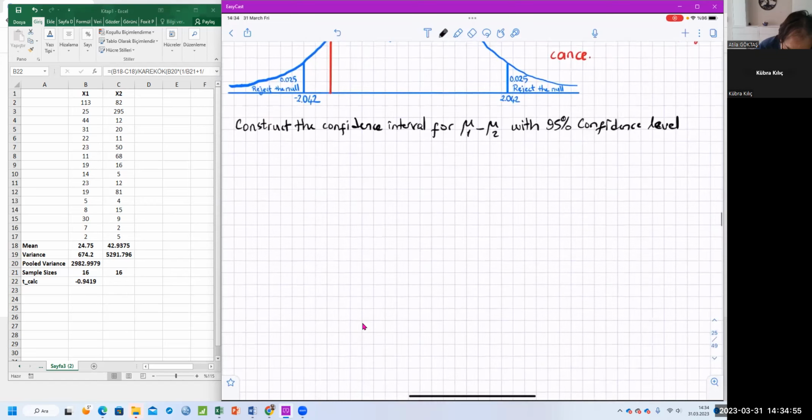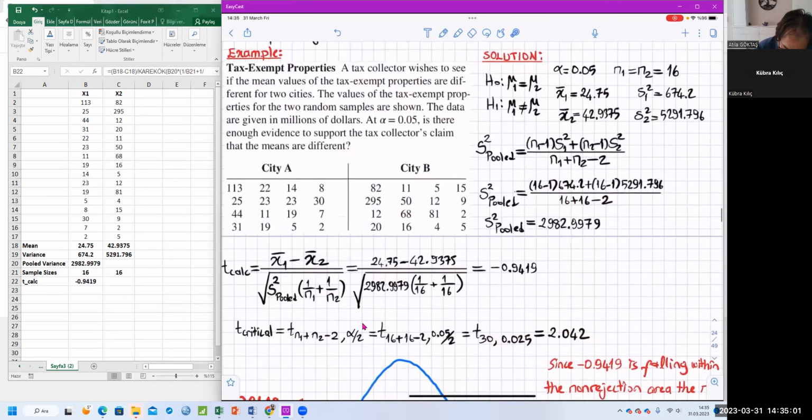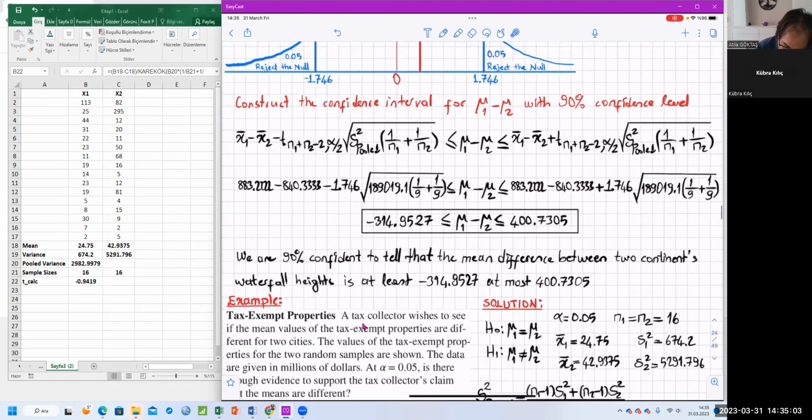Okay, I'll change the color. So we will also be using the same critical value, no difference. You don't need to worry about the difference.